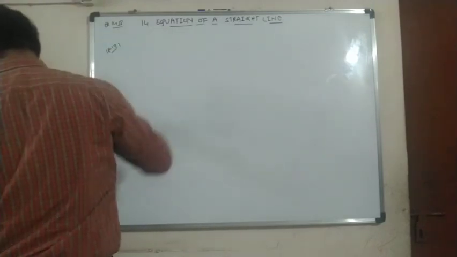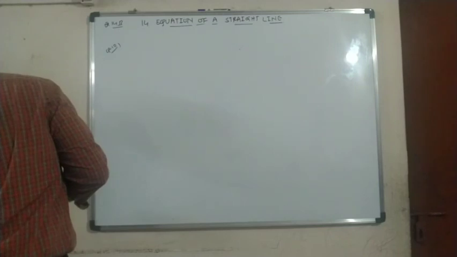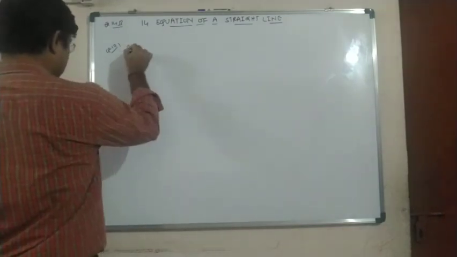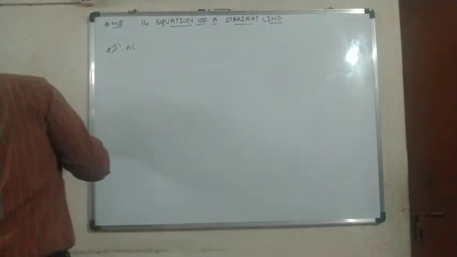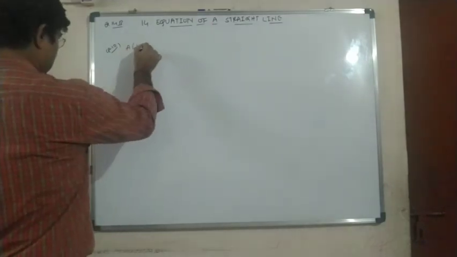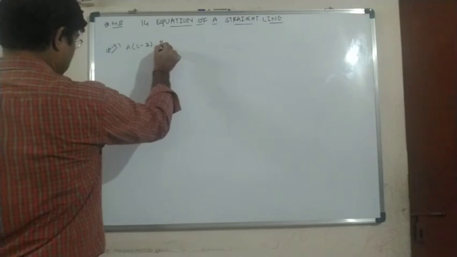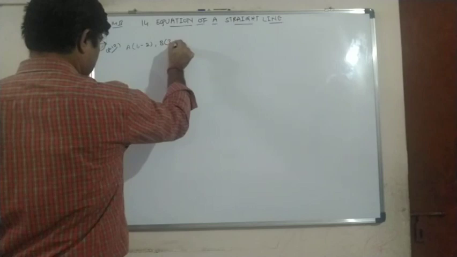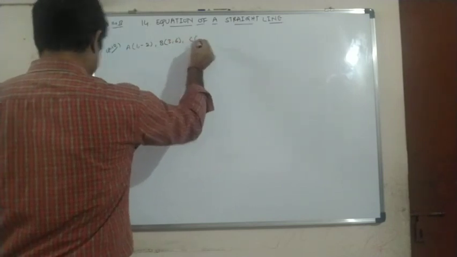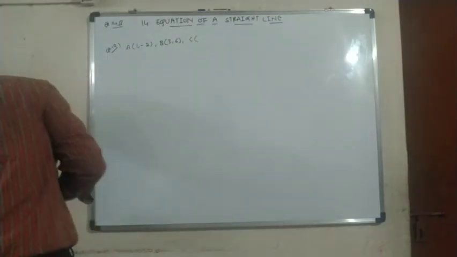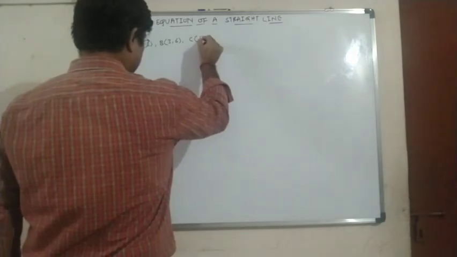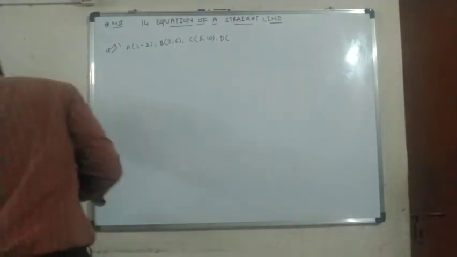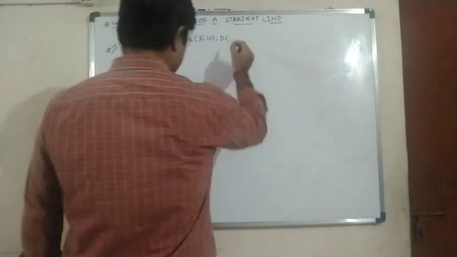Okay, question number 10. In question number 10, we are given the vertices of 4 points: A (1, -2), B (3, 6), C (5, 10), and D (3, 2).